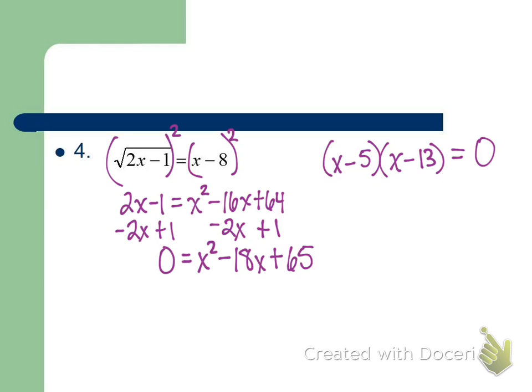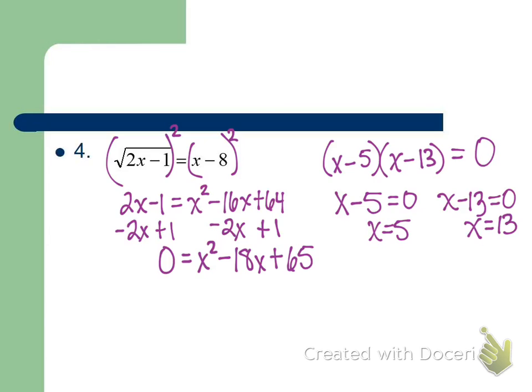Once you have your factors, you can set each factor equal to 0 and solve. I want to see your two equations. And what are the two solutions? 5 and 13. We're getting more comfortable with the solving step.